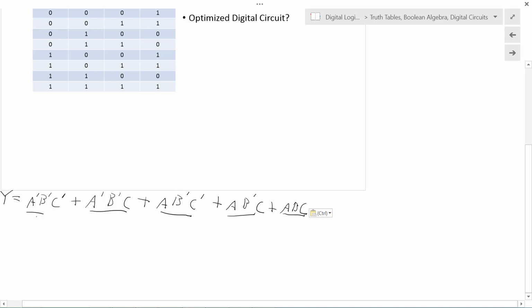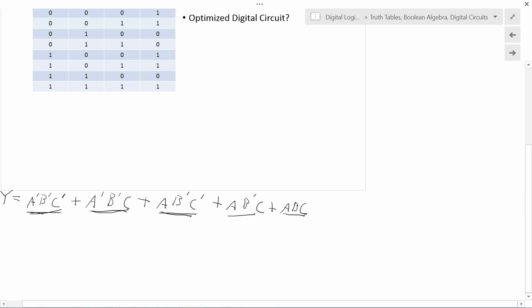A prime, B prime, and C prime can be combined with A prime, B prime, C here and here using the distributive property. Another thing that we can identify is that A prime, B prime, and C prime can be combined with A, B prime, C prime as well using the distributive property.